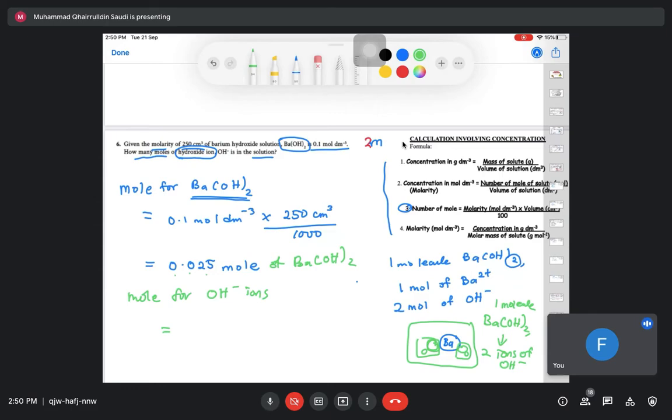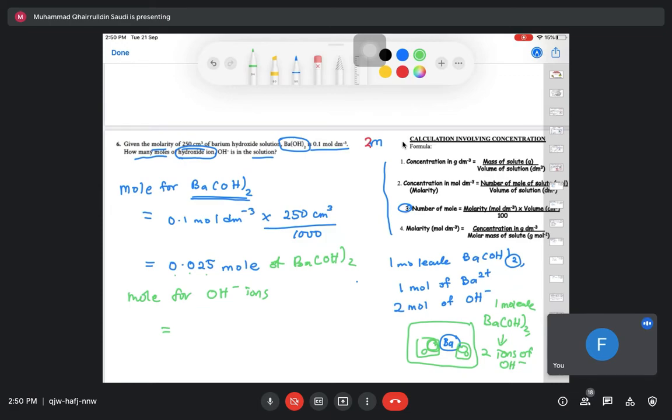Kenapa minus? Okay, macam ni. Satu bungkus nasi lemak barium hydroxide ada 1 biji telur barium dengan 2 ketul timun hydroxide ions. Jadi kalau awak ada 0.025 paket nasi lemak, berapa banyak timun?